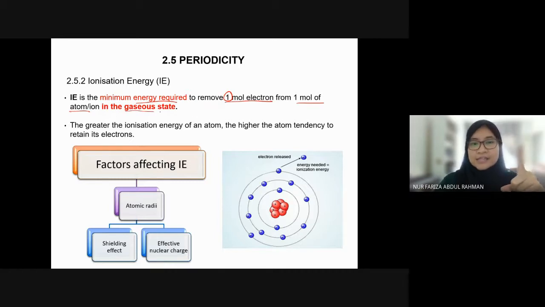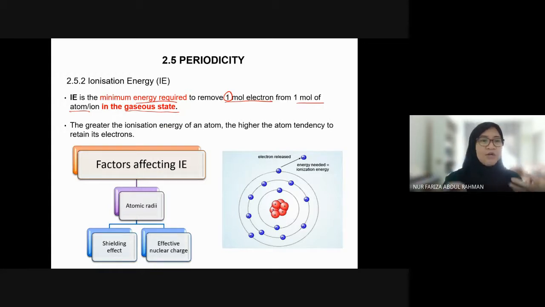Okay, and this gaseous state is very important even though you have all 1 mole electron from 1 mole of atom or ion, but without the gaseous state, your answer will be wrong. Okay, because the elements or the atom need to be in gaseous state. It cannot be in a solid state, liquid state, or whatever. It must be in gaseous state.